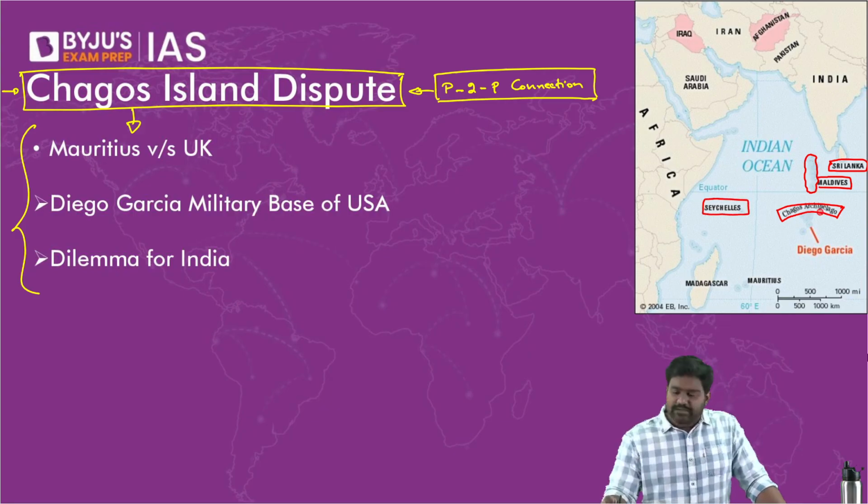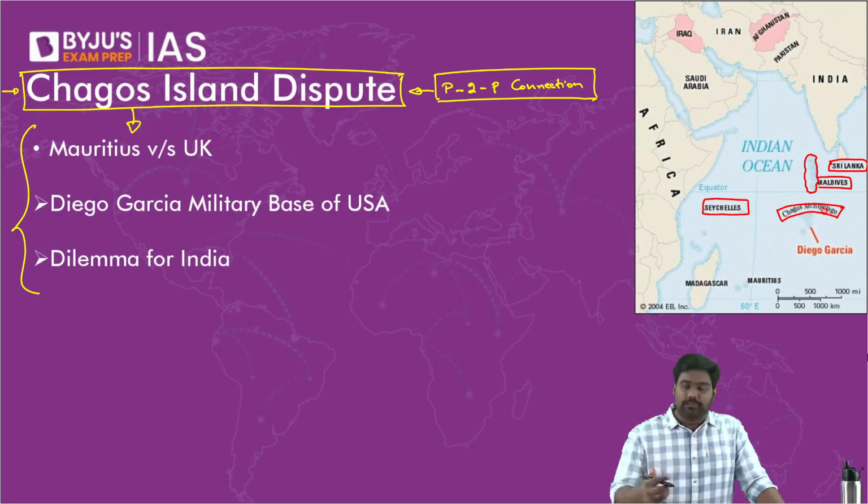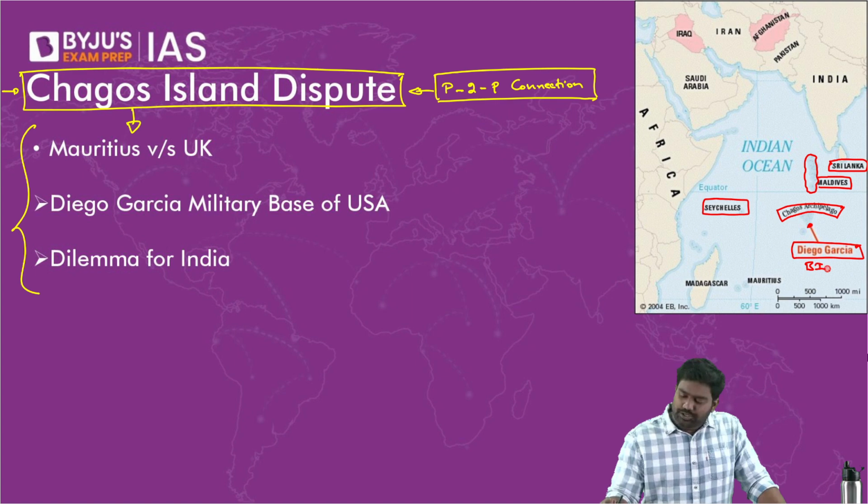So below Maldives, you have the Chagos archipelago of islands, which includes the Diego Garcia Island, which is a British Indian Ocean territory. Right? This is where Mauritius is located. This is Madagascar.